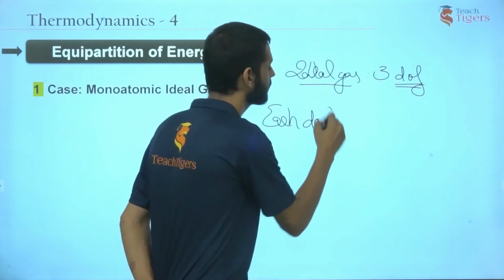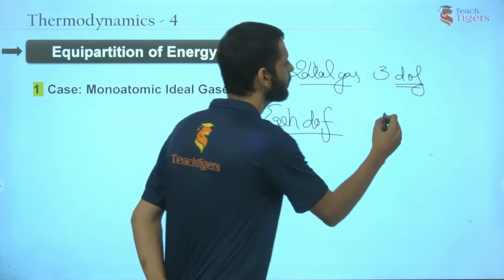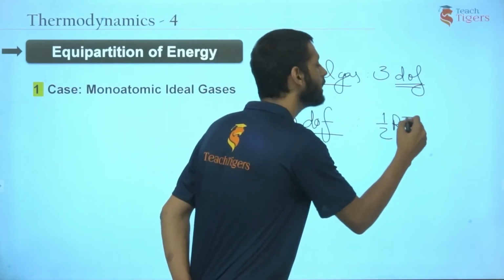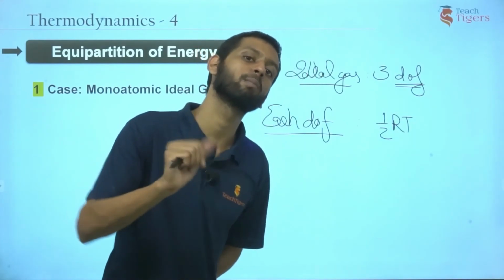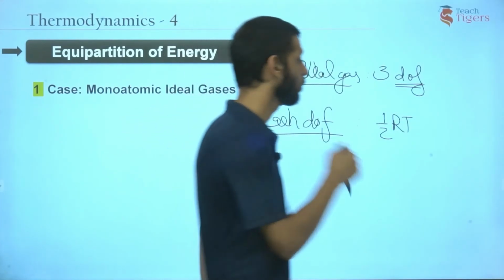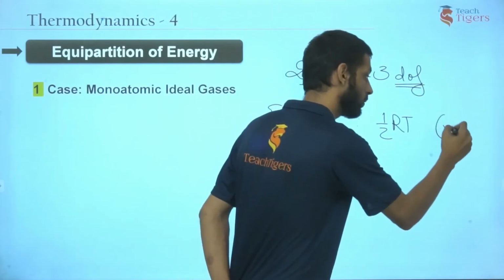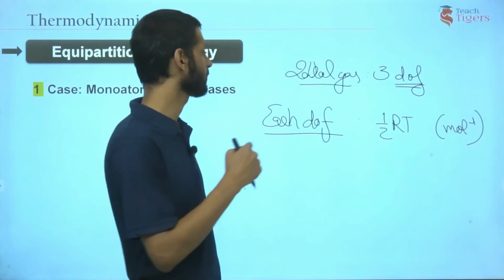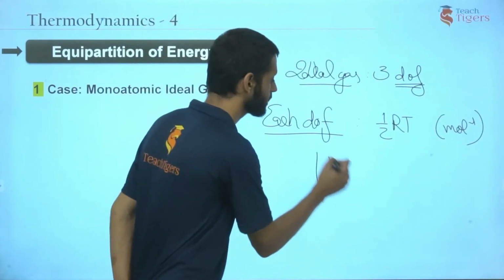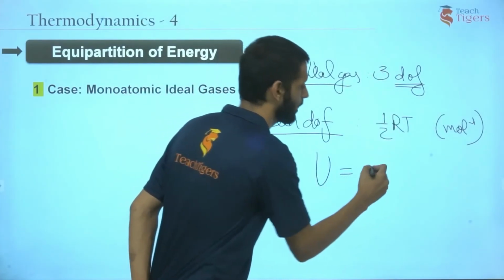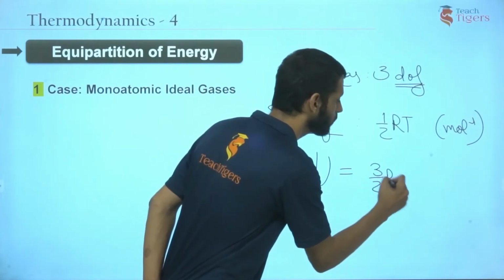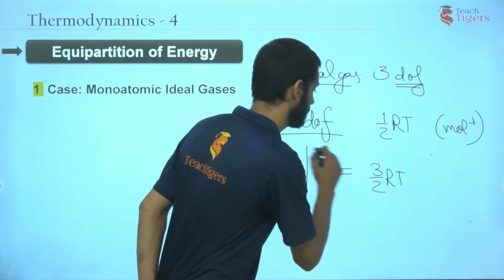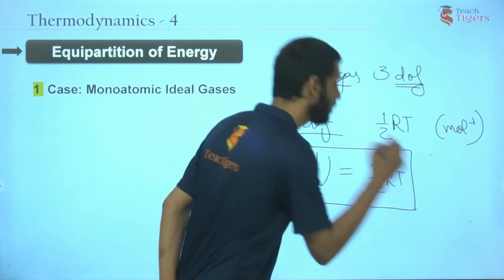For each degree of freedom, you have 1 by 2 RT. I want to emphasize this is per mole. So I'll just make a note: mole inverse, that means per mole. So total U is equal to 3 times 1 by 2 RT, which is 3 by 2 RT.